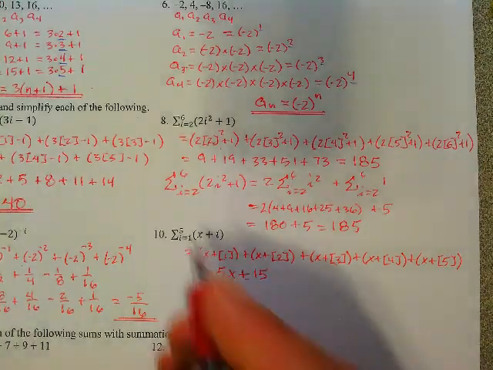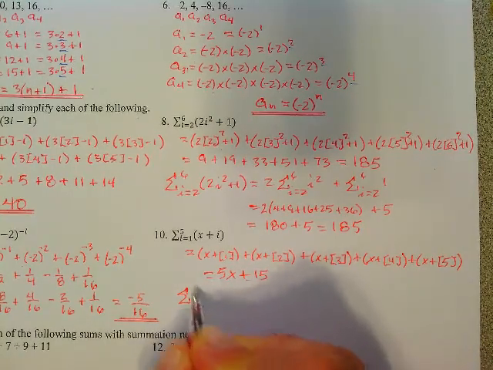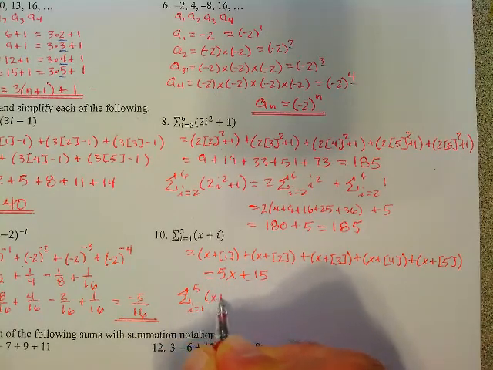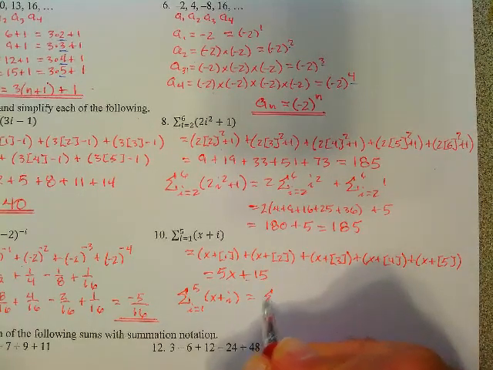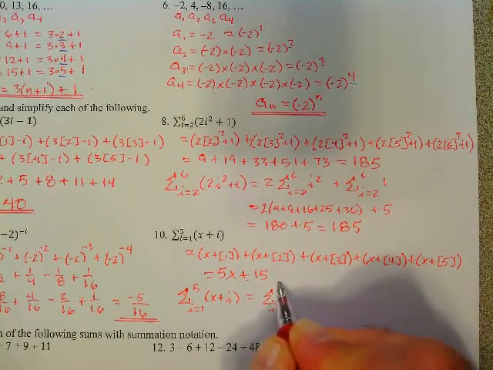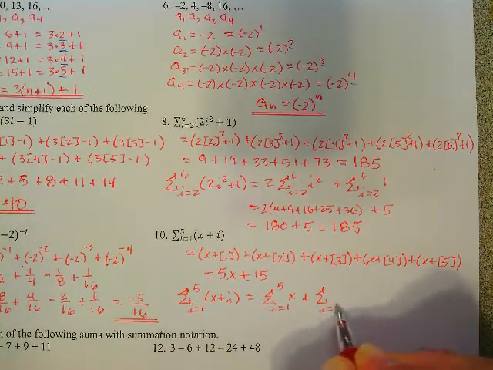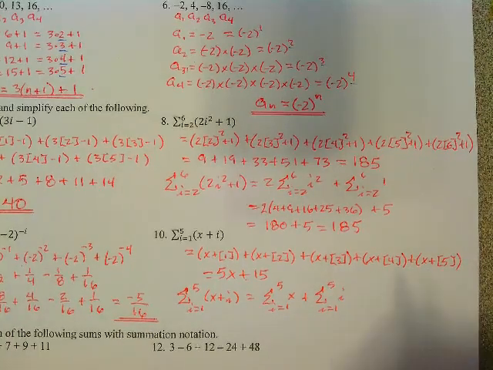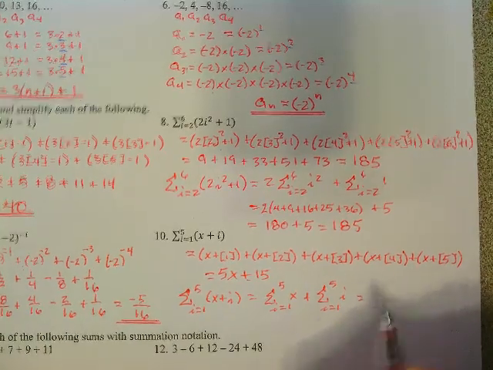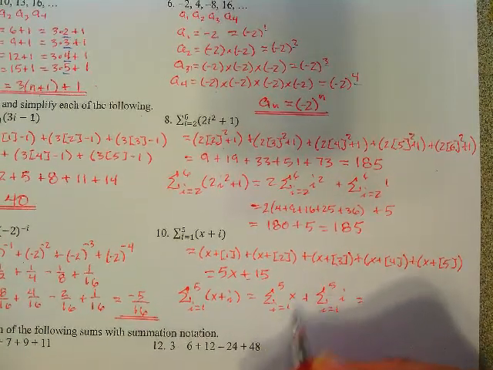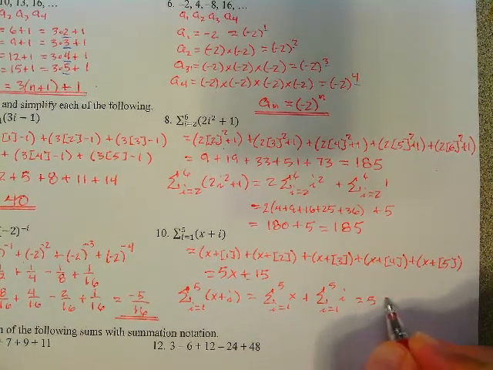Now, don't forget, we could have split this up. So the sum of i equals 1 to 5 of x plus i would have been the sum of i equals 1 to 5 of x plus the sum of i equals 1 to 5 of i, which this part here, since that's not part of the i, that's just like a constant in this case, would have been 5x.